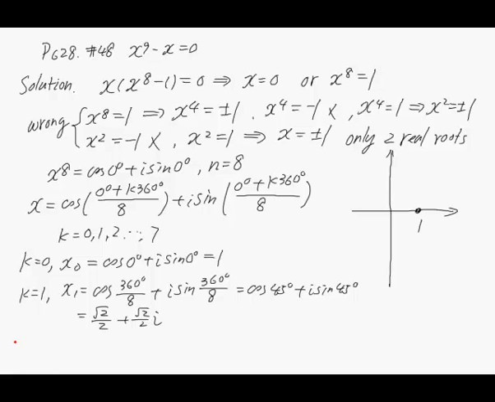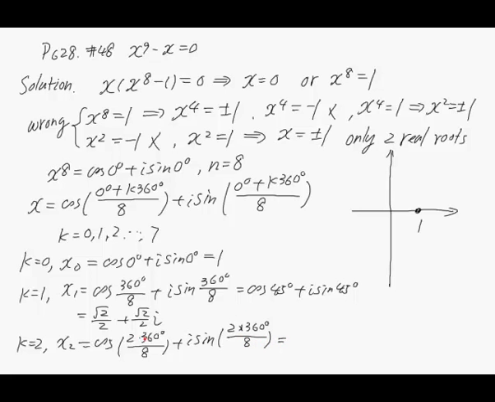Now, when k is equal to 2, you have x sub 2 equal to cosine of 2 times 360 degrees divided by 8, plus i times sine of 2 times 360 degrees over 8.